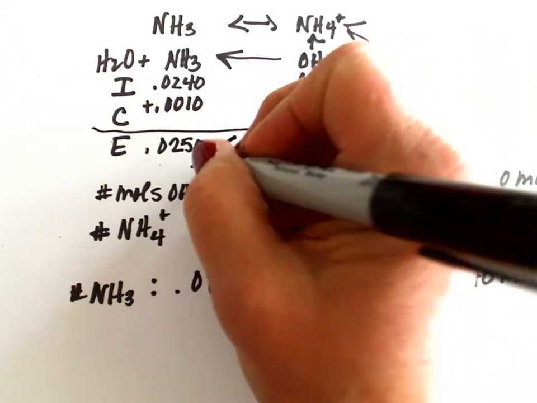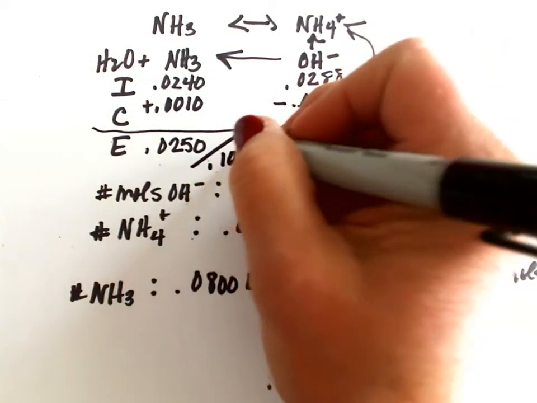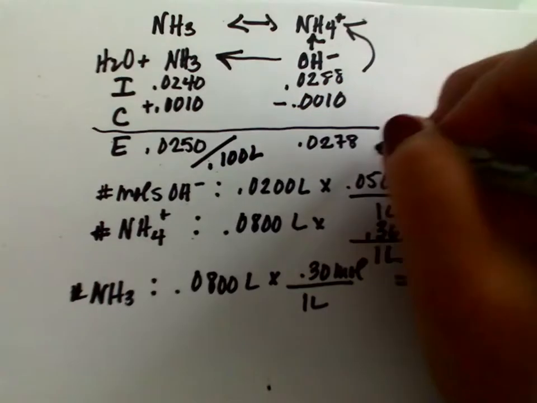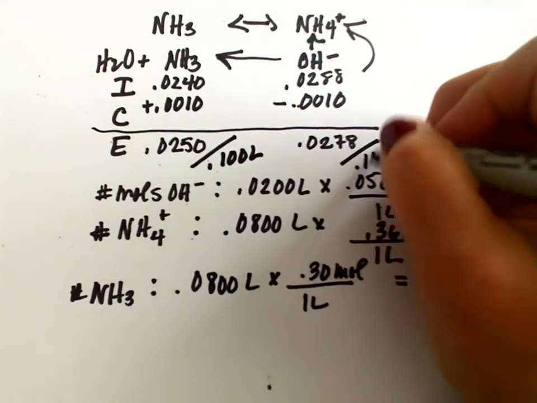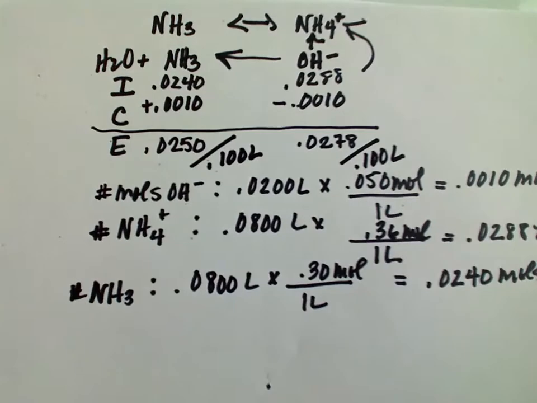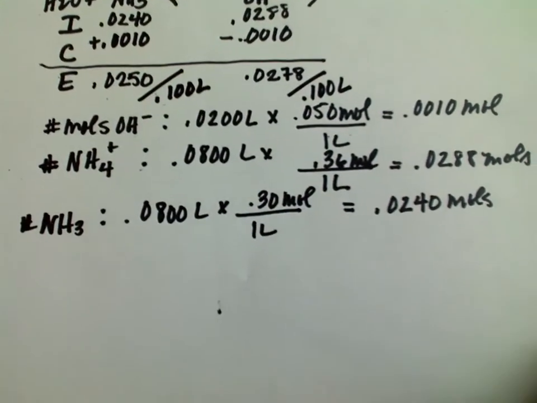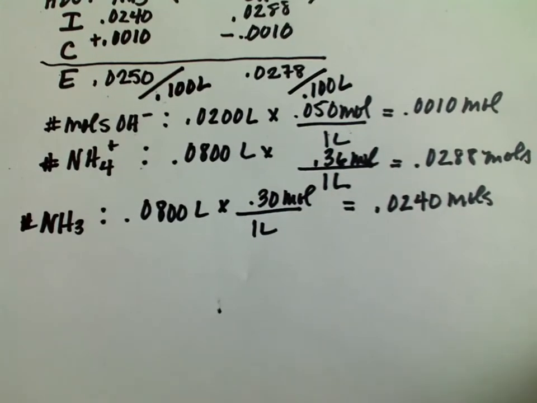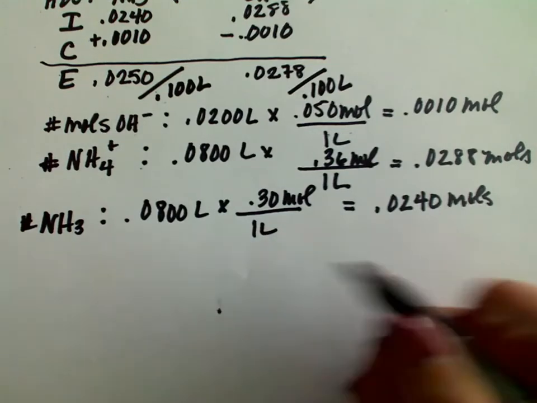So now our volume is 0.100 liters. So we have to divide both of those by the new volume to get the correct molarity of our solution.